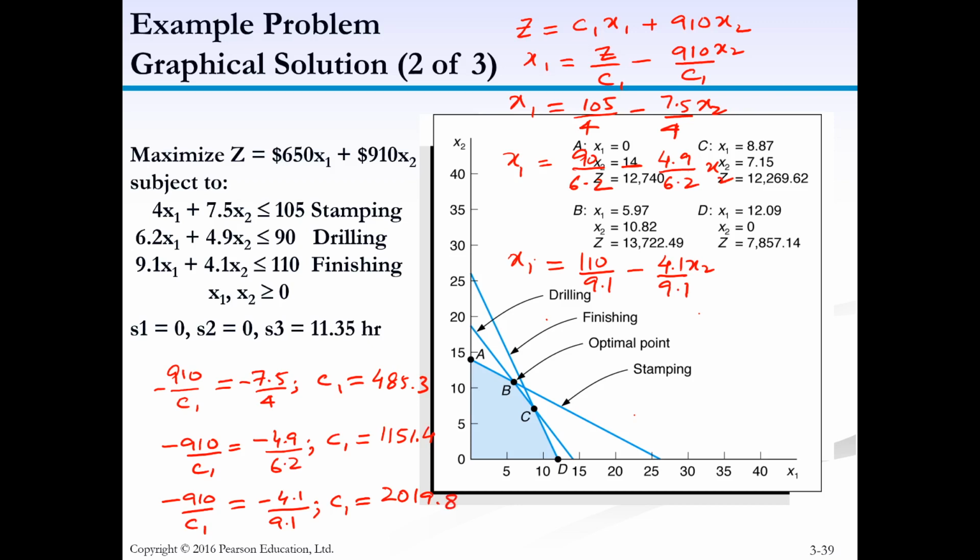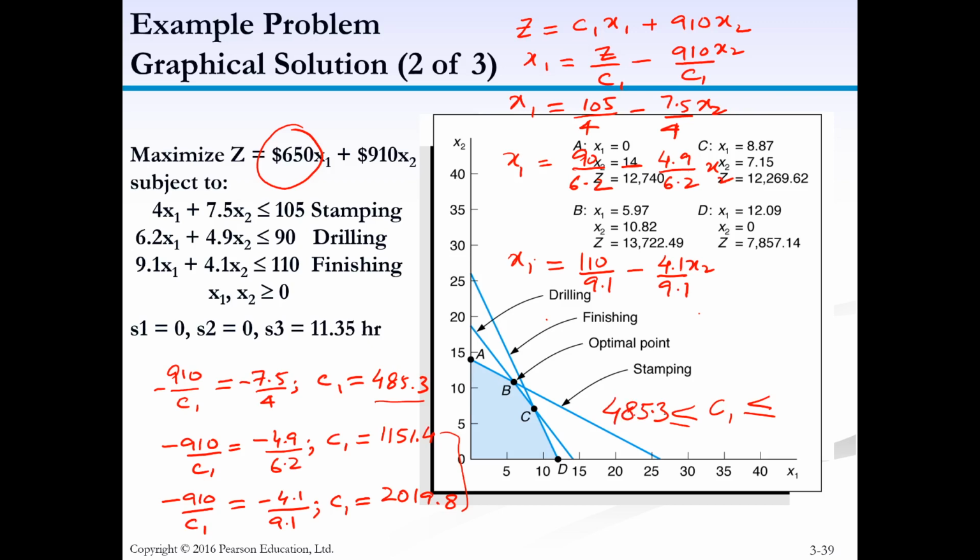Now we see that the original value is 650, right? And we have two values coming downward and one upward. One downward, which is 485.3, and two upward. All right, so we can write down that C1 lower is easy, we just say 485.3.